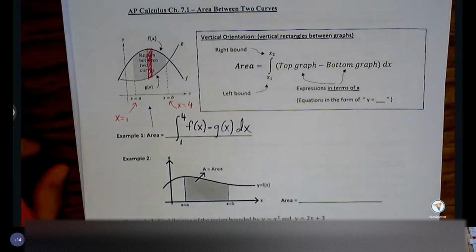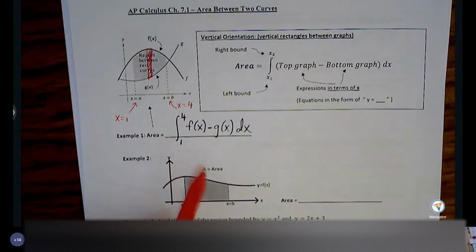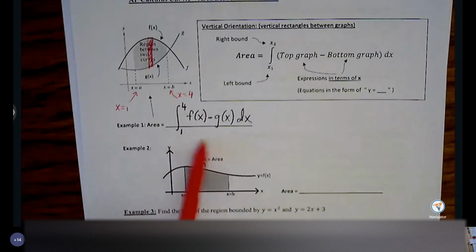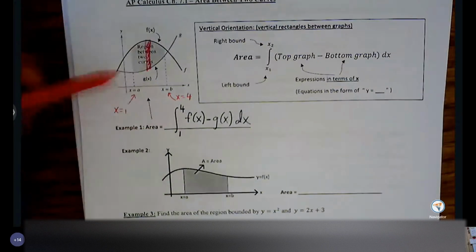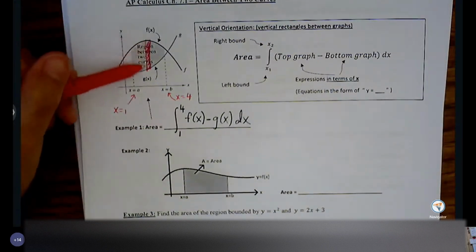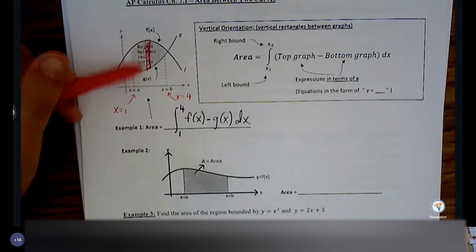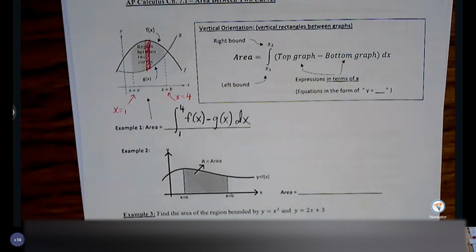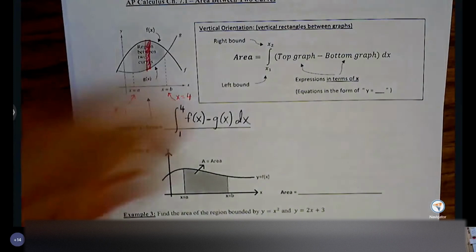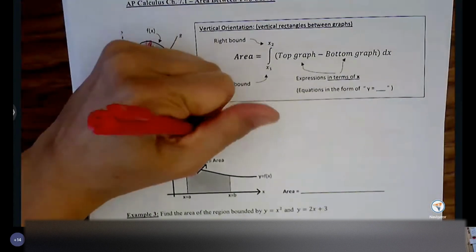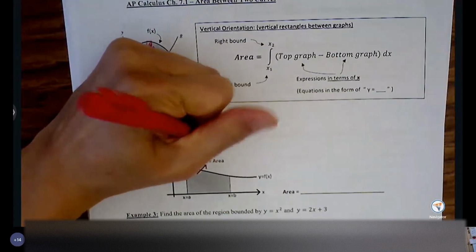But I want to remind us that technically there's also a width and height component within these definite integrals. So the f of x minus g of x, when we subtract that distance for a specific x value, we're arriving at the height for that particular rectangle. And so we can think of that f of x minus g of x representing the height component.